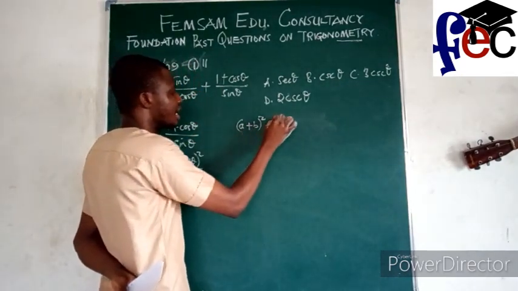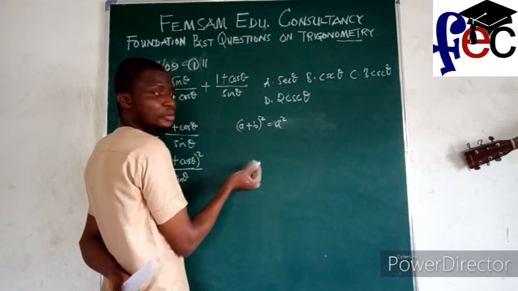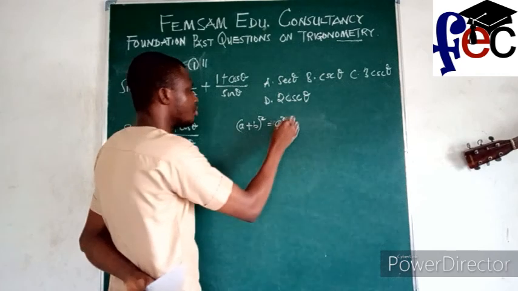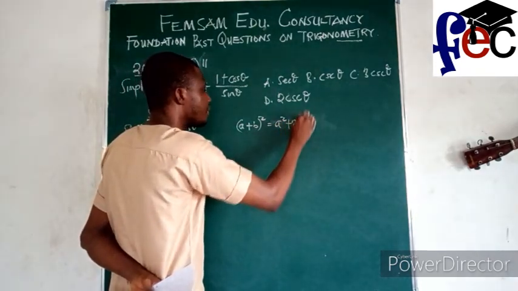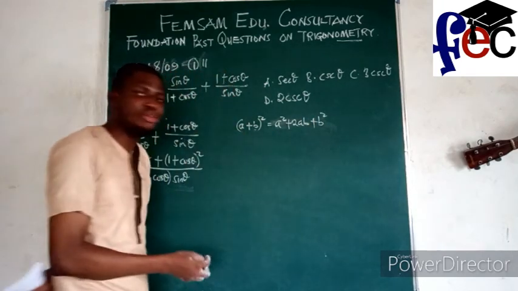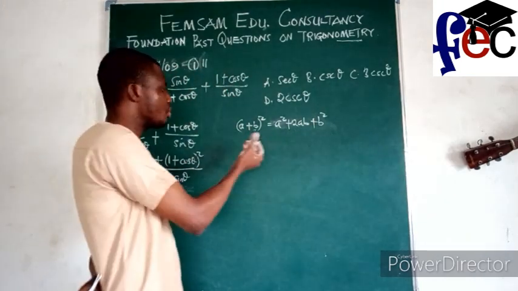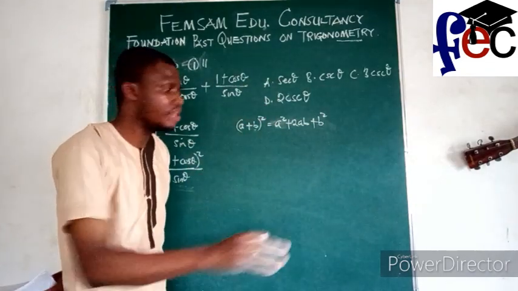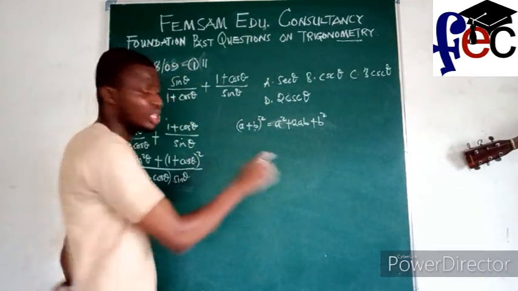Square this, I have a square. Multiply this by this, you have ab, multiply it by 2, that will give you plus 2ab. Then square this, that will give you b squared. This is just binomial expansion. If you use a plus b times a plus b and expand the normal way, you will still get the same result, but you need to learn this pattern.